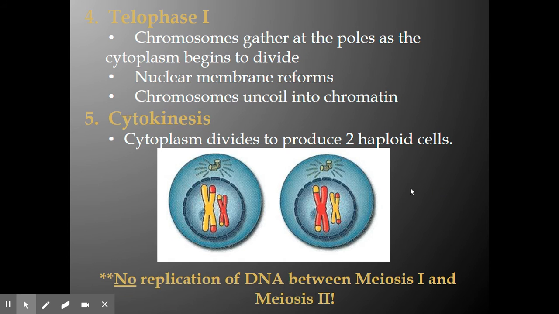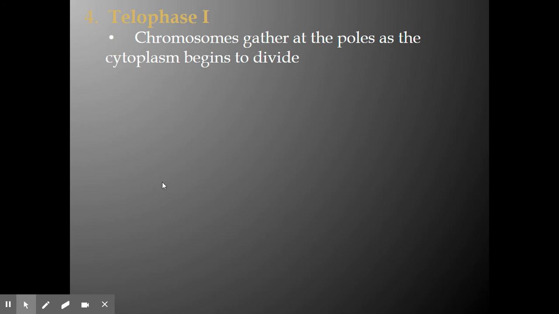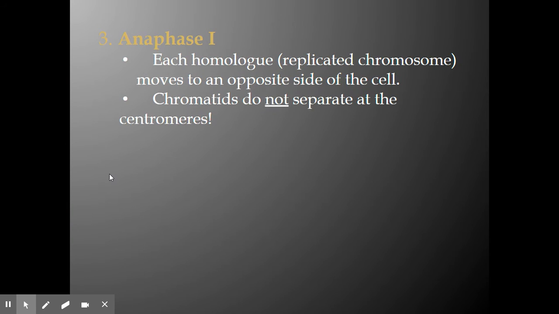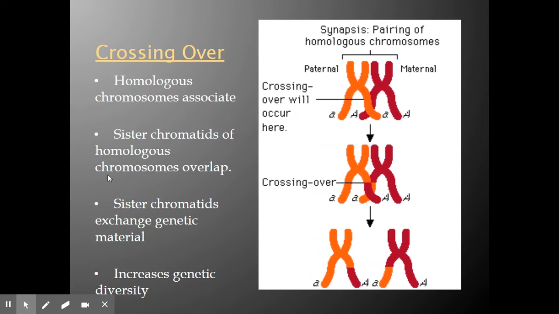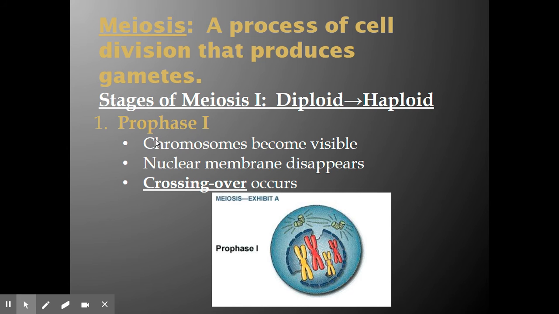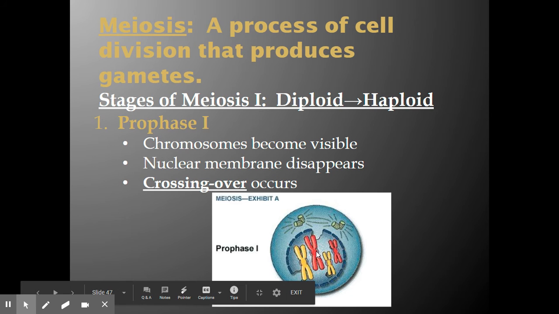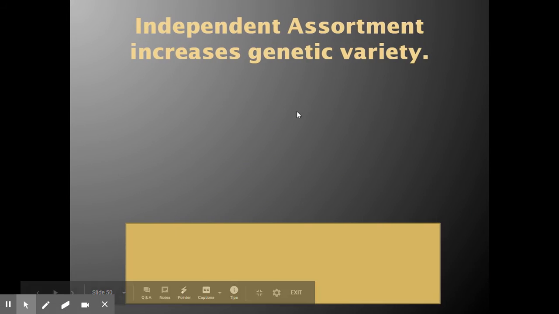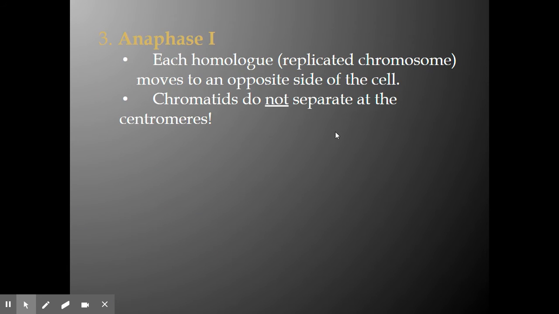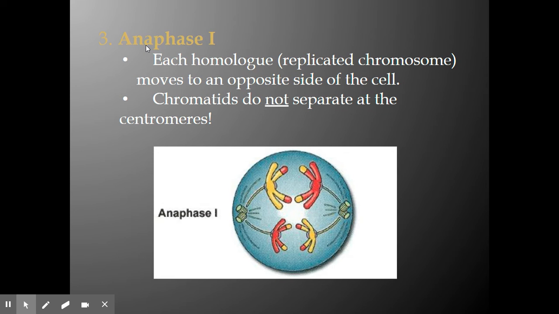So right now, let me go back here. We had our DNA become condensed, have those chromosomes line up, get separated, and now we have, in each phase, the same stuff happens.